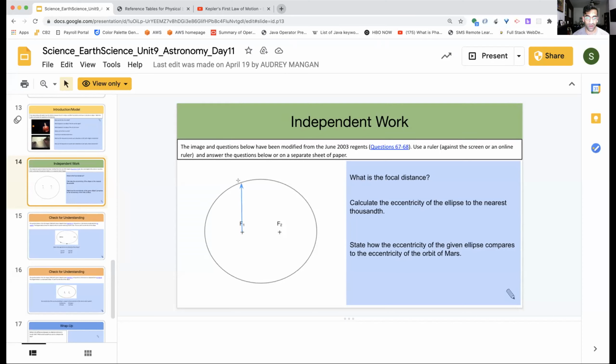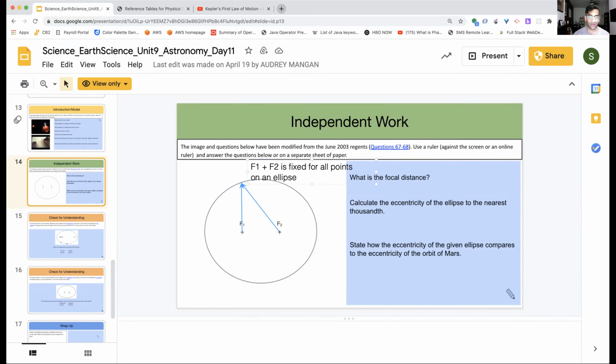So for example, I measured this distance to the edge right there from F1, and the distance from F2 to the same point. The sum of those distances, F1 plus F2, is fixed for all points on an ellipse.